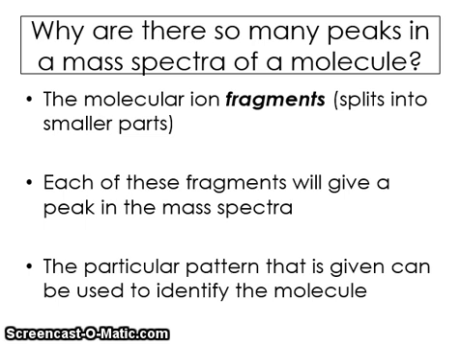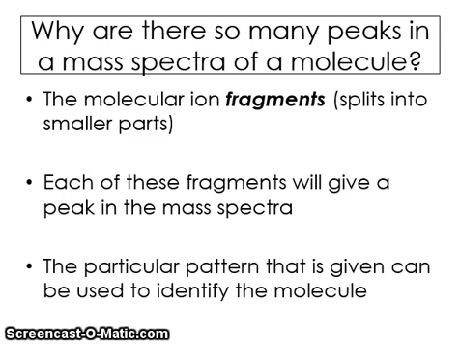However, that molecular ion is not going to be stable. So what happens, it then fragments, which is a fancy way of saying that it just splits into smaller parts. So the molecule breaks up into smaller bits. Now each of those fragments is going to give a peak in the mass spectra. And every molecule is going to give you a different pattern. So the particular pattern that you get in your mass spectra can be used to identify the molecule.